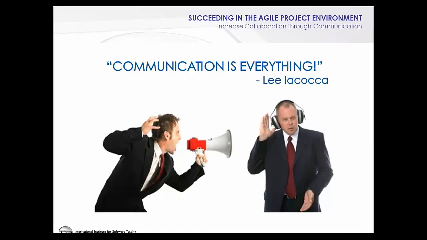So Lee Iacocca once said, communication is everything. It all starts here with communication. Communication affects everything, every activity or event, personal and business. You can relate it back to communication in some way, shape, or form. Now, the Project Management Institute reports that over 60%, that's a huge amount, of projects fail because of communication issues.